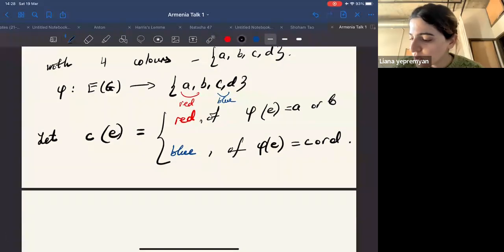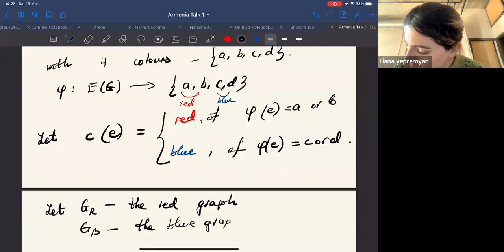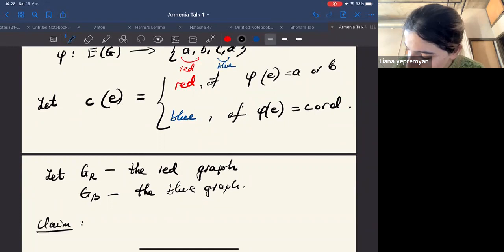So because it was a proper edge coloring, I can say that let GR be the red graph and GB be the blue graph. So meaning that I'm only looking at the edges red or blue. Then first claim is that the maximum degree of both graphs is now at most 2.